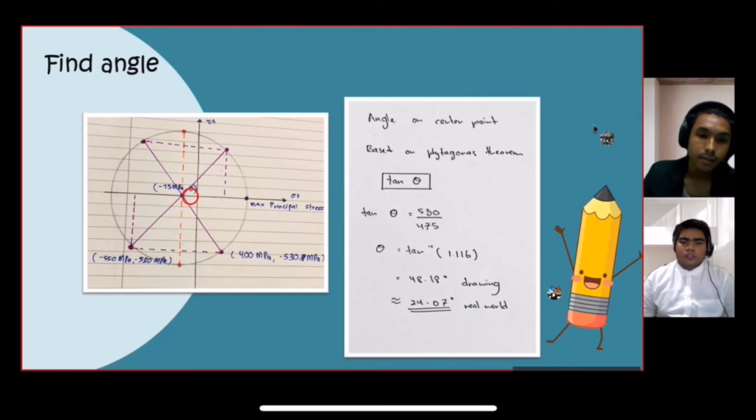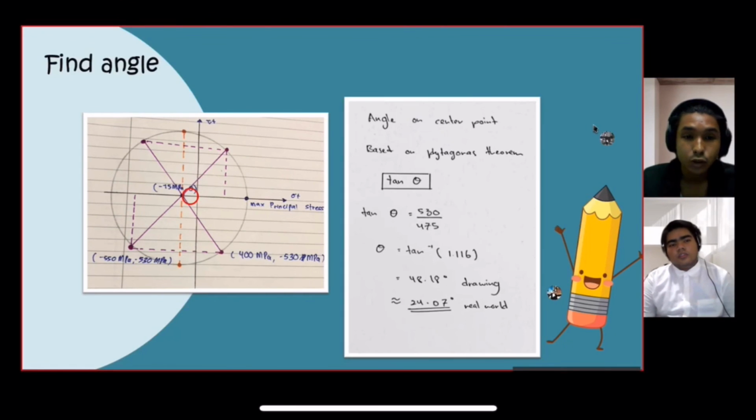And the last question is to find the angle. As you can see on the picture below, there's a red circle. This is the angle we need to find, the angle at the center point. Based on the Pythagoras theorem, we get tan theta equal to 530 over 475. So theta equals tan to the power of -1 of 1.116.